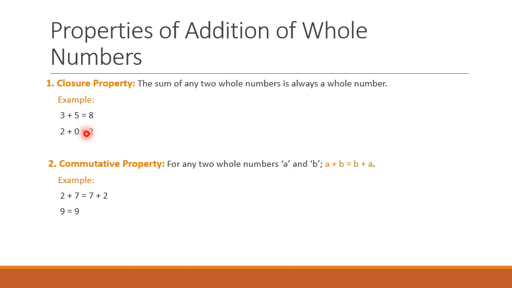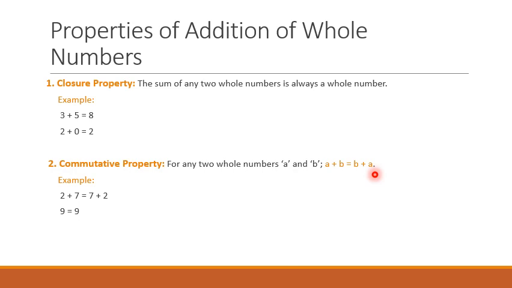Now let's see the second property, which is known as the commutative property of addition. The commutative property of addition says that for any two whole numbers a and b, the sum a plus b is equal to b plus a. What does this mean?